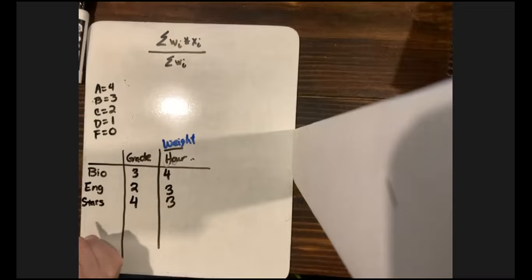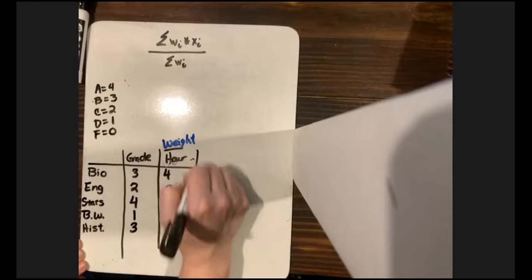She took basket weaving. She made a D in that, so that's 1, and it was a 1 hour basket weaving class. And then she took history, and she made a B in that class, so that's a 3, and it was also a 3 hour class. So with these being our weights, we're going to need to total, so that's 7, 10, 14.